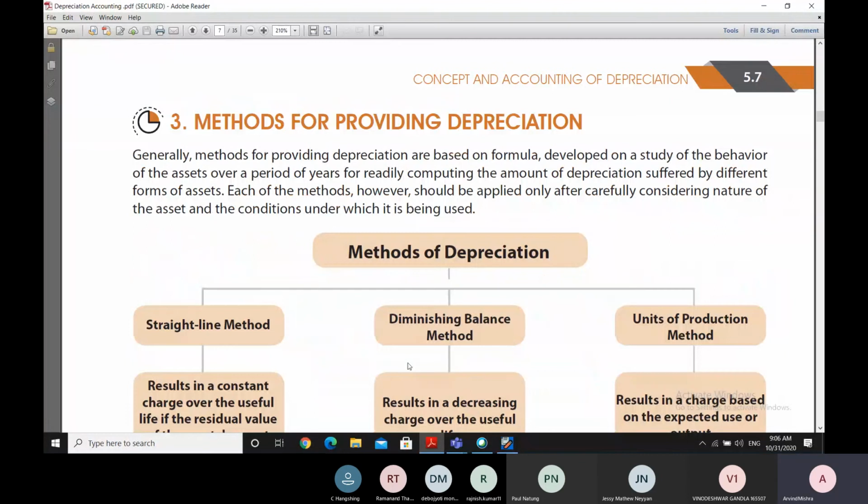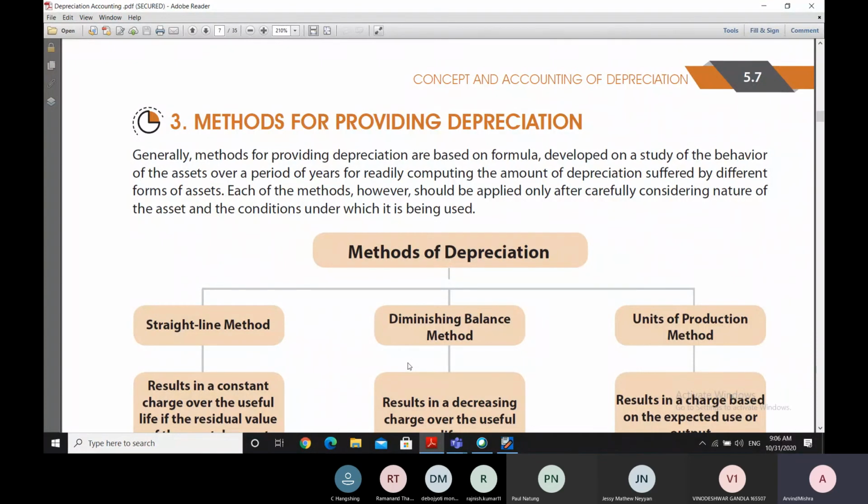So generally, the methods that we adopt for providing depreciation will be based on a formula, and this formula is developed on a study of the behavior of the assets over a period of years for the purpose of readily computing the amount of depreciation suffered by different forms of the assets.